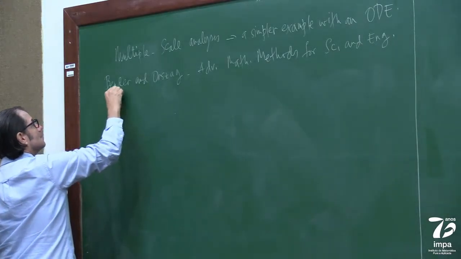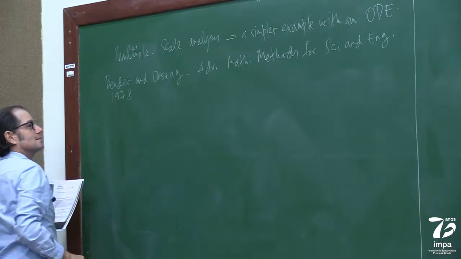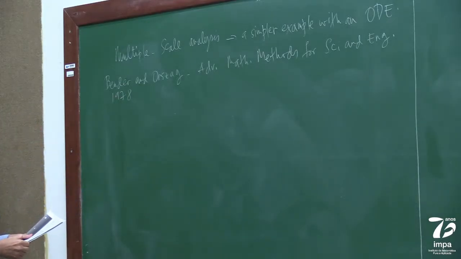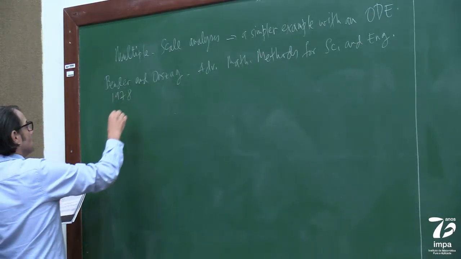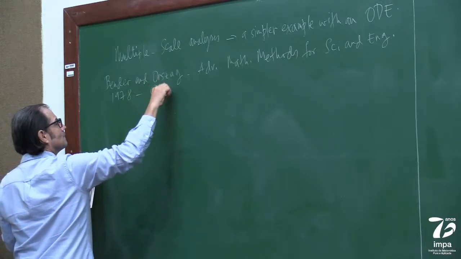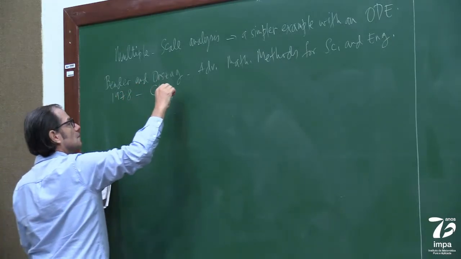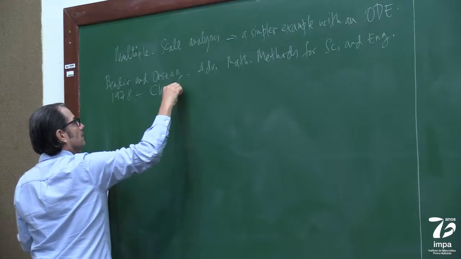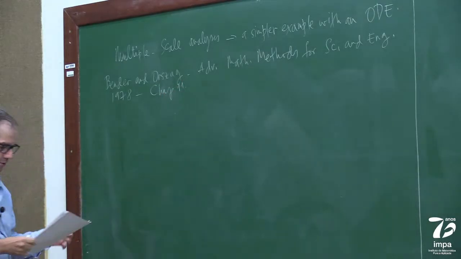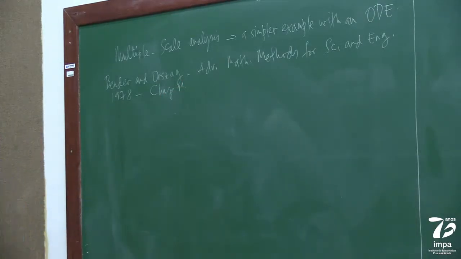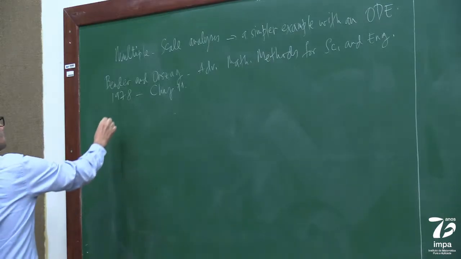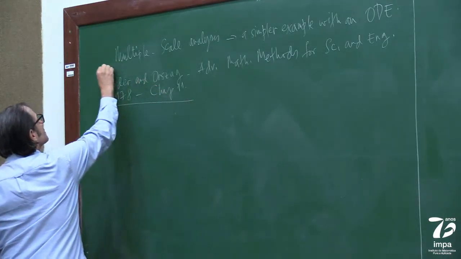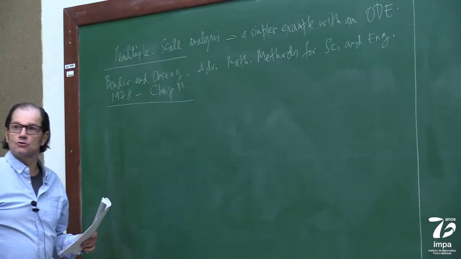This is a 1978 book with many very good things, and I'm doing it and having the notes, chapter 11. Okay? So let me put the title. I think it's good to put the title because some of these might be new names for you.